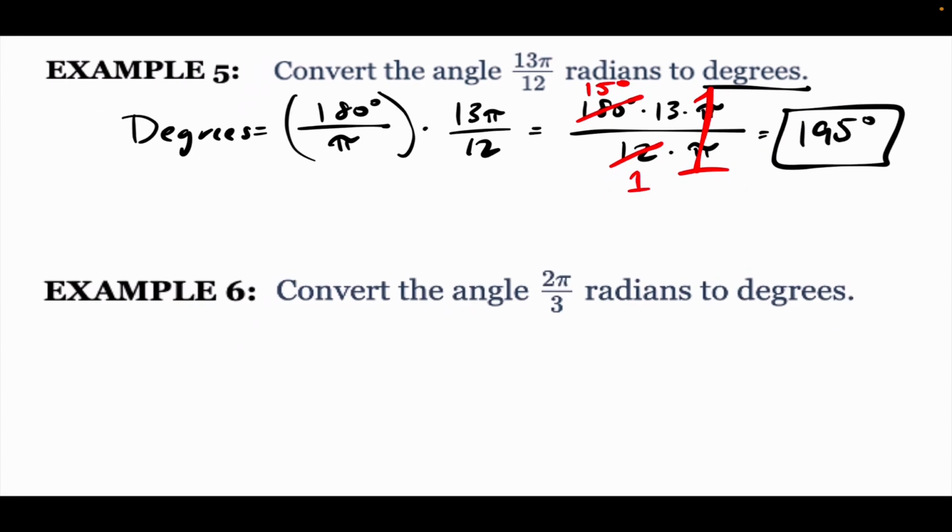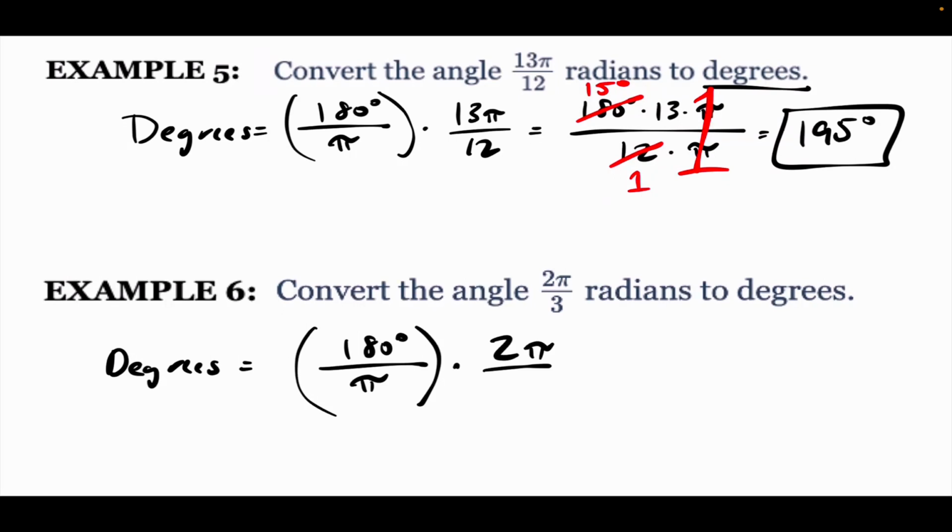All right, let's try number 6. Same equation, same formula. Multiply straight across.